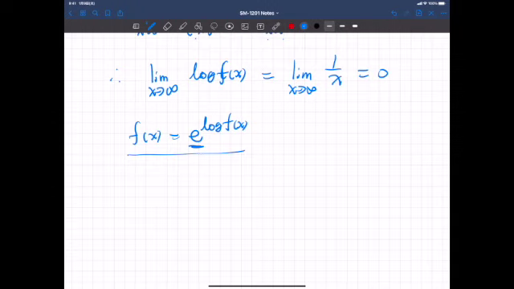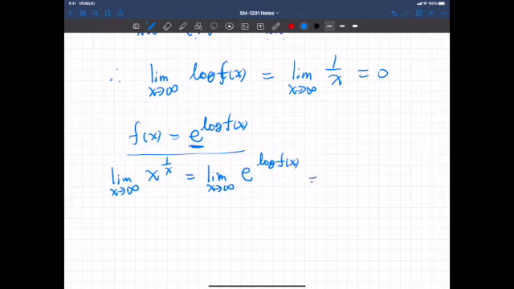So we have the limit x going to infinity of x to the power of 1 over x, that is the limit of the exponential of log f of x. So that is the exponential of the limit of log f of x, which is 0. So that is e to the power of 0. That is 1.